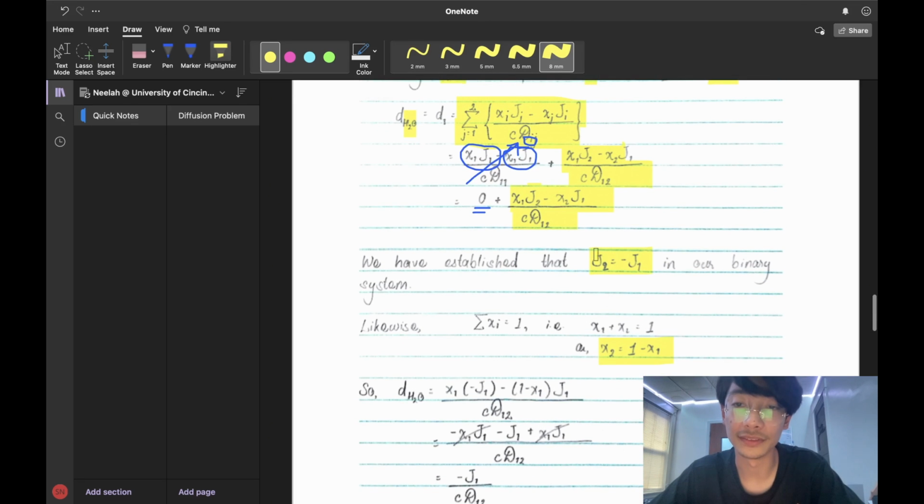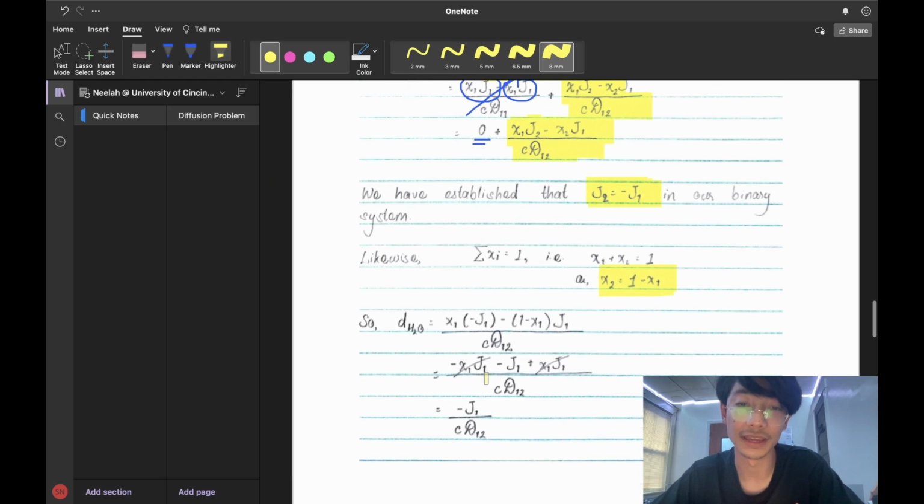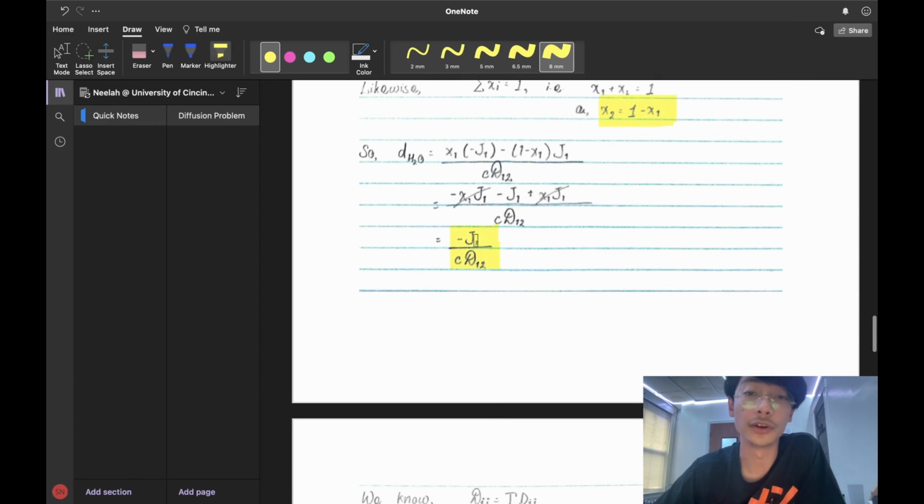If we make this replacement and this replacement into this relationship, what we end up with, by doing some calculation, is that the driving force is equal to the negative of the diffusion flux of component 1 divided by the total molar concentration times the Stefan-Maxwell diffusion coefficient of component 1 in component 2. The good thing about this is that we already know what the diffusion flux of component 1, that is water, is.